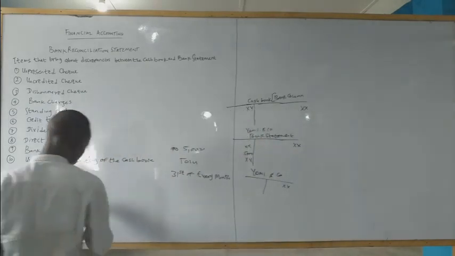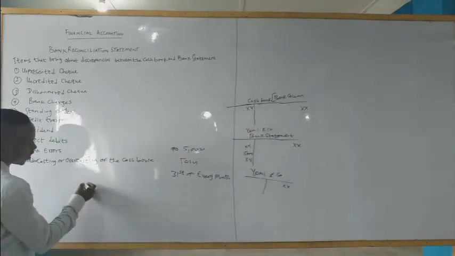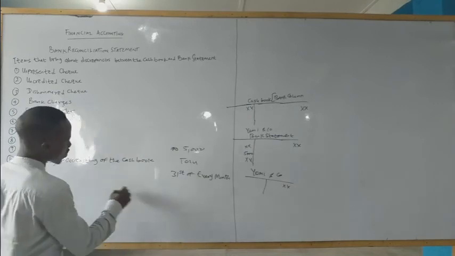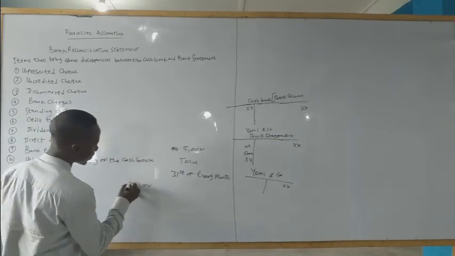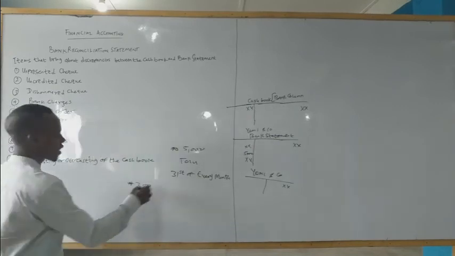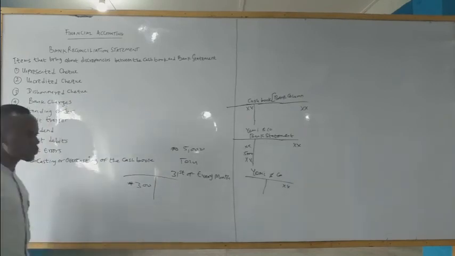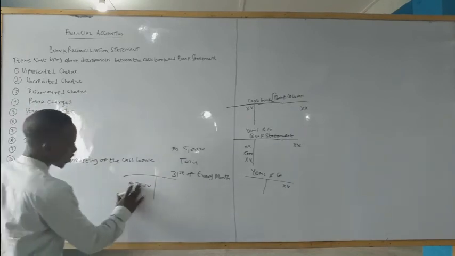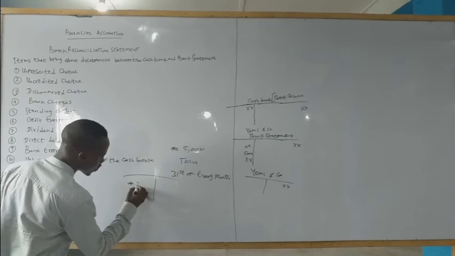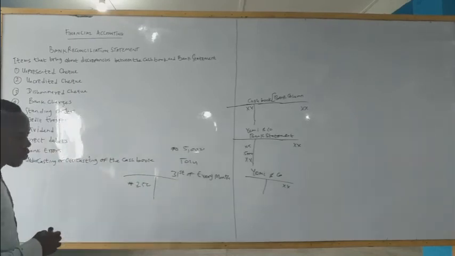Undercasting: we wanted to record an amount of 300 naira as a debit in our cash book, but we recorded 250.